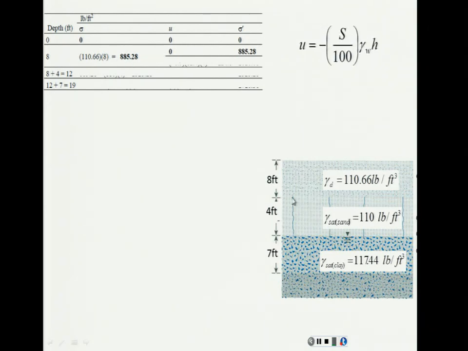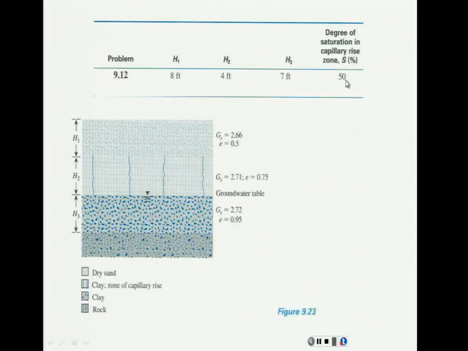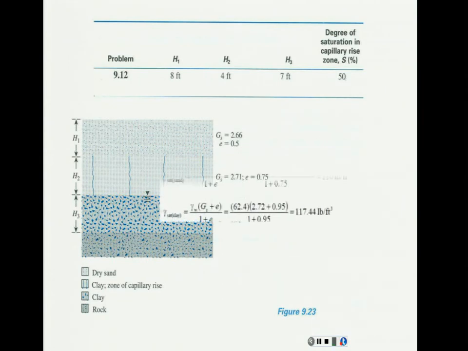Now for this other part, remember we're going to have the same pressure coming from the soil, total stress, but at this point, due to the capillary rise, you remember this equation that I just showed you. The problem stated that you have 50% degree of saturation in the capillary rise zone.